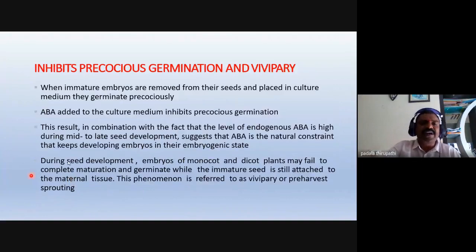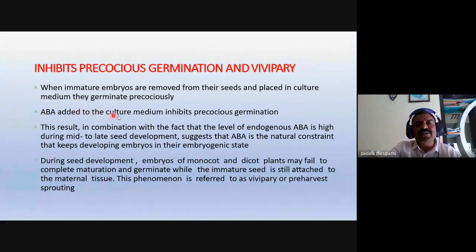Another important physiological function of ABA, abscisic acid, is that it inhibits precocious germination and vivipary. When immature embryos are removed from their seeds and placed in culture media, they germinate precociously.